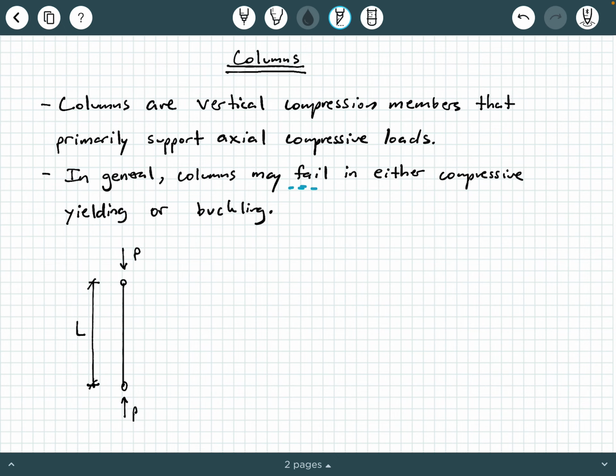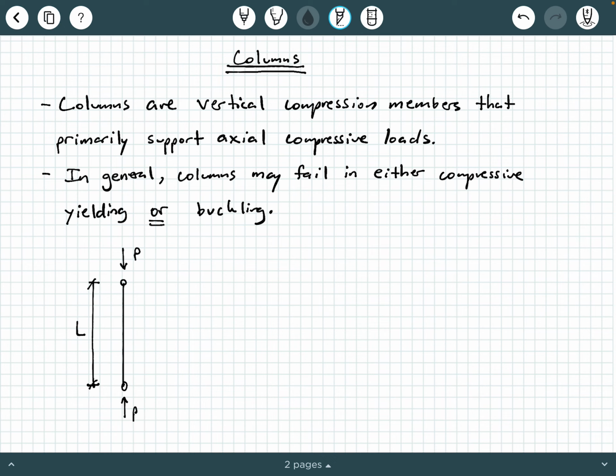Now, in general, we say columns can fail in either compressive yielding or buckling. So there's an or statement here, all right? Now, let's talk about each one of these very quickly. When we talk about compressive yielding, what that means is the column material will yield due to that compressive force.